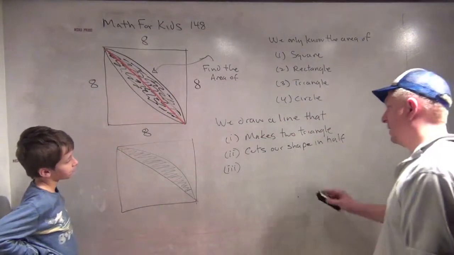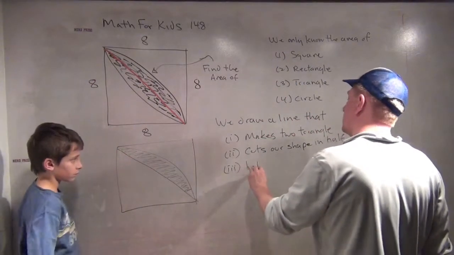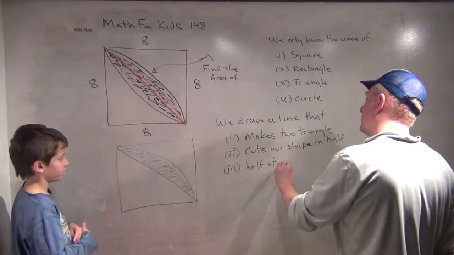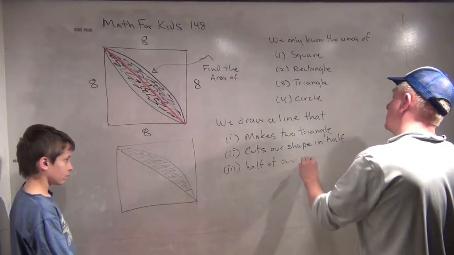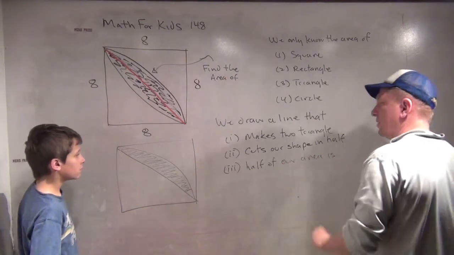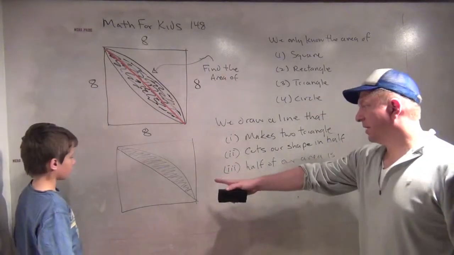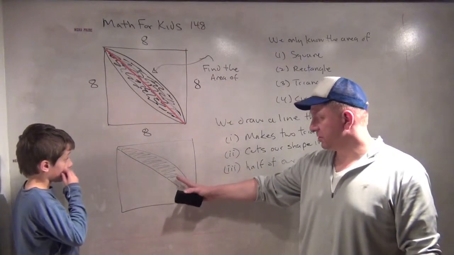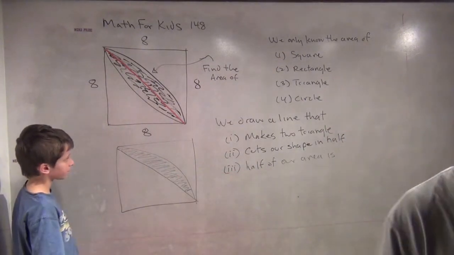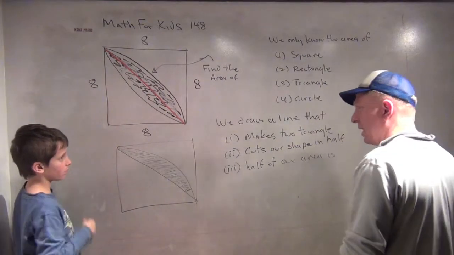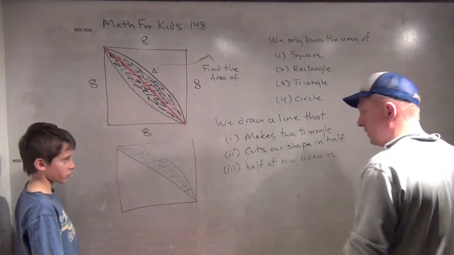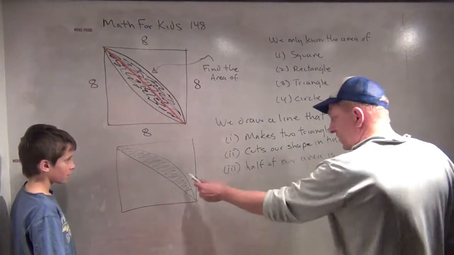So now half of our area is what? What do we notice about half of this area? This little shape here. That's a quarter circle.